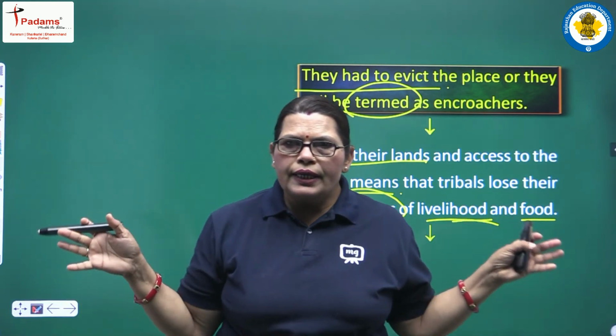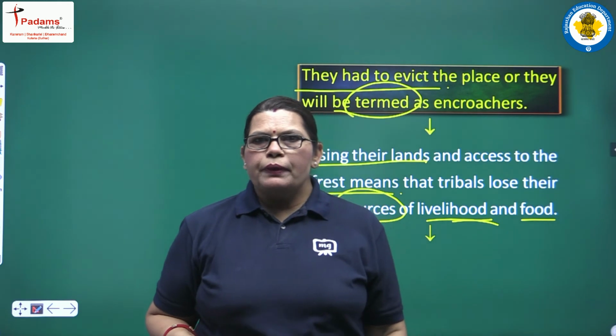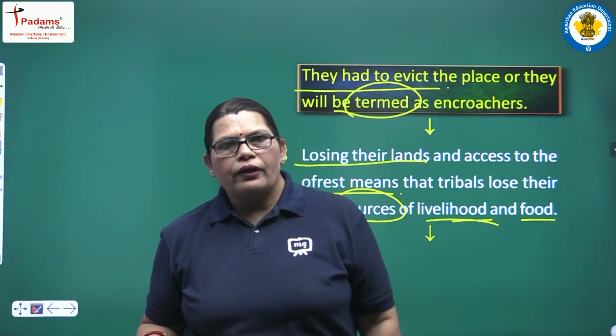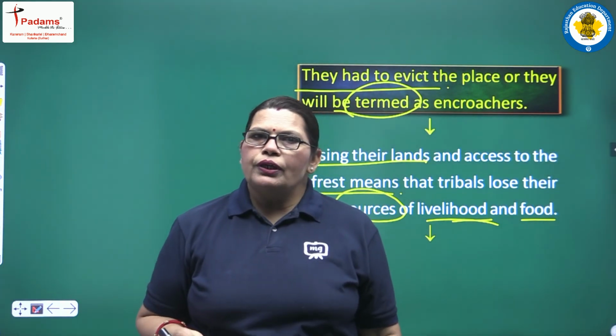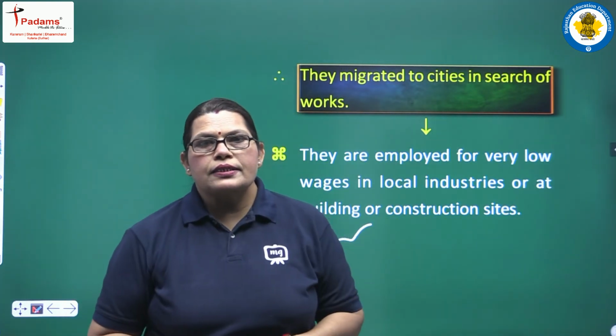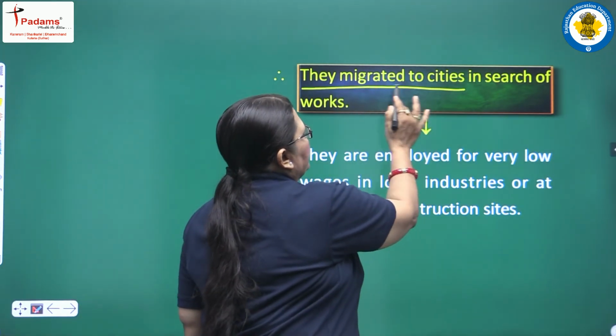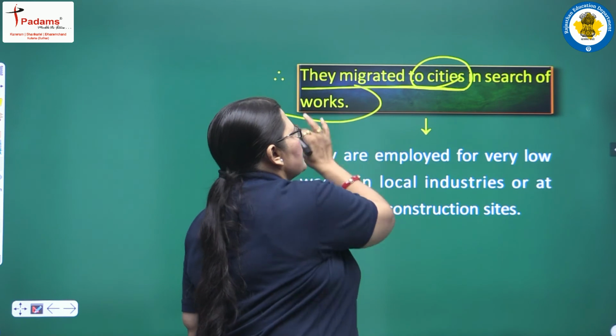Because of all these conditions faced by the tribal peoples, they switched off from there in search of livelihood, in search of food, because these are the necessities in the lives of people. They migrated to cities in search of work also.